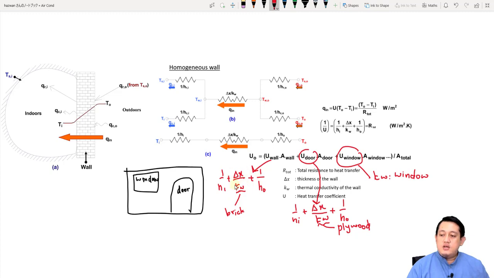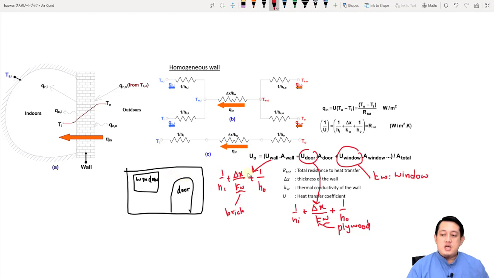So this one here. And then we multiply with the area of the wall. Plus this one, U of the door, multiply with the area of the door, and then plus U of the window, multiply with the area of the window, and then we divide it by the total of this area.